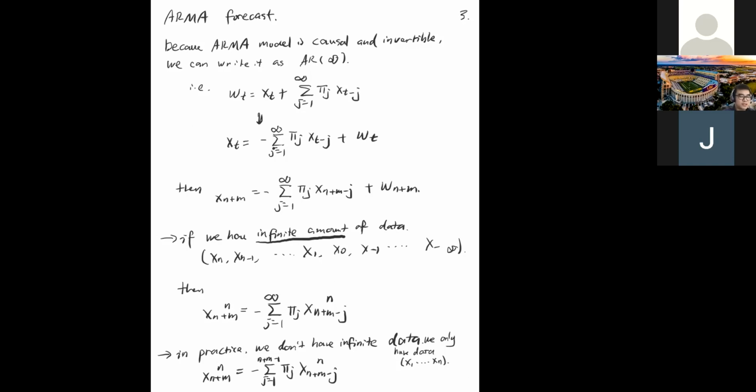Okay, but notice that if you have a very long time series, this pi_j, the coefficient of the AR representation, converges to 0 as j goes to infinity. That means that with a long series of data, the early values of the time series have very little effect on your future prediction.